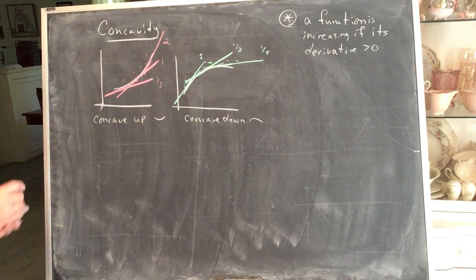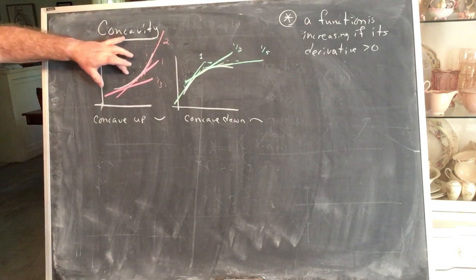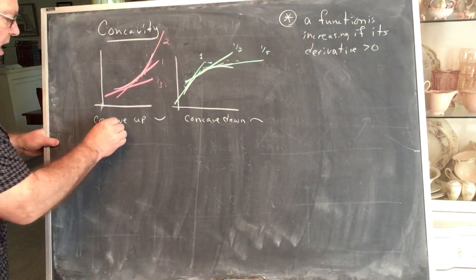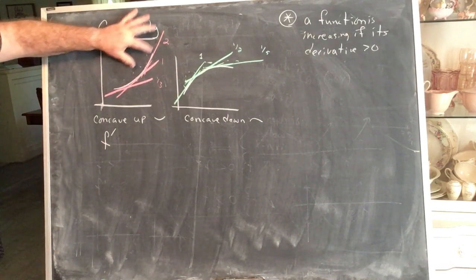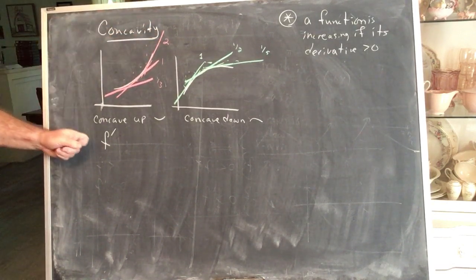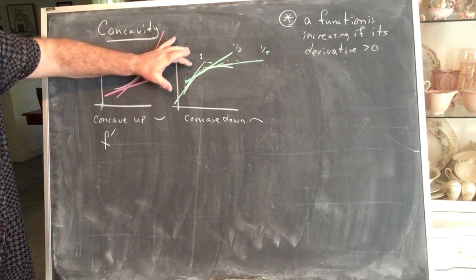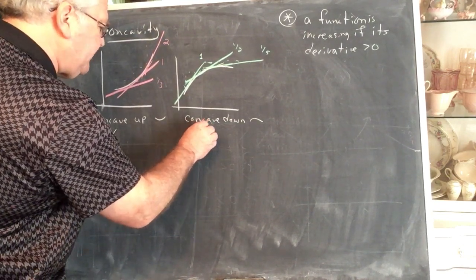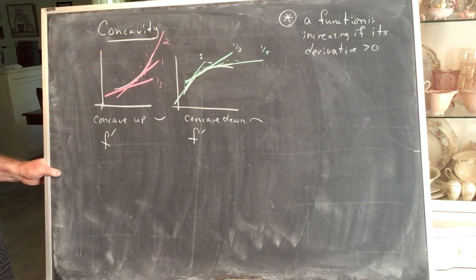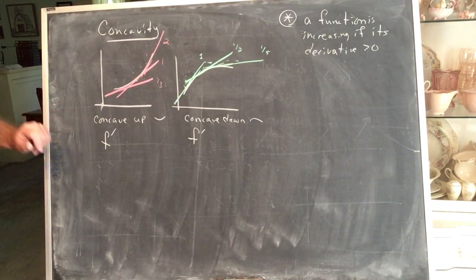Well, we know how to represent the slopes of the tangent lines. The slopes of the tangent lines are given by the derivative. So when we say the slopes of the tangent lines are increasing, we really mean the derivative is increasing. And when we say the slopes of the tangent lines are decreasing, we mean the derivative is decreasing. What do we mean when we say a derivative is increasing?